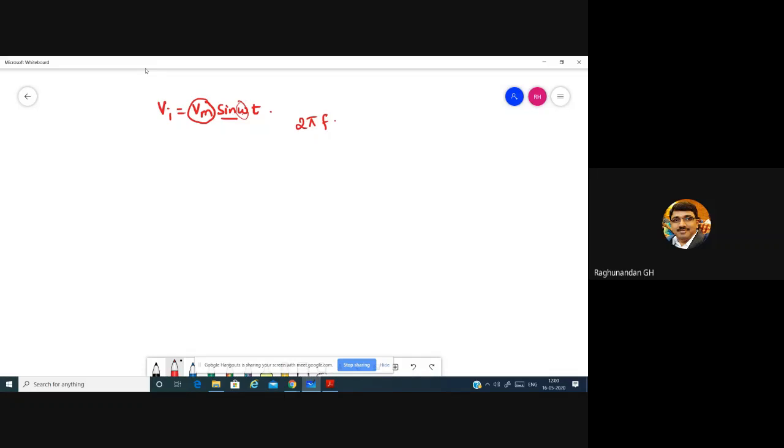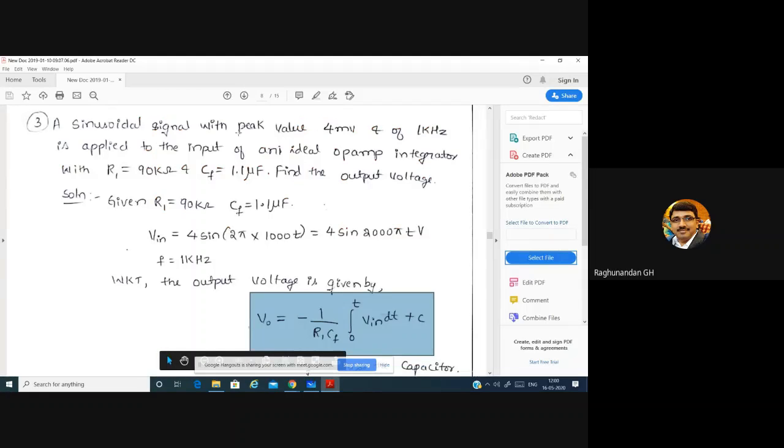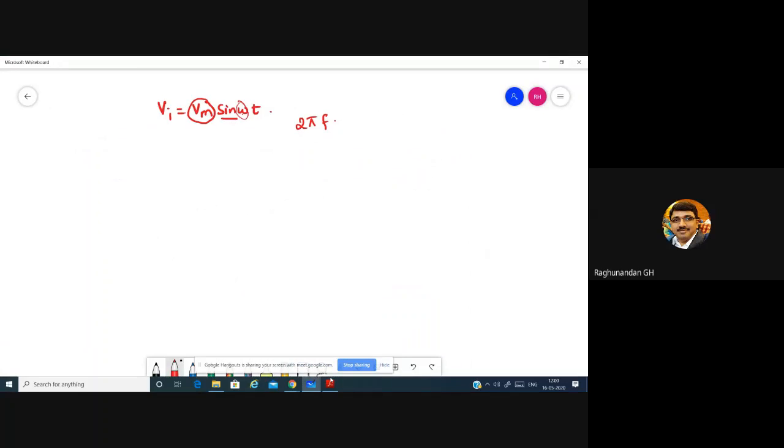Substitute whatever is given in the question: sinusoidal signal, 4 millivolt, sine of 2 pi into 1 into 10 to the power of 3 t. So this is our input signal.